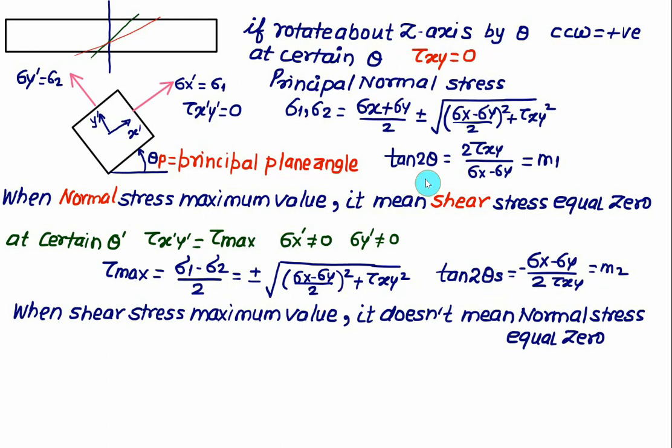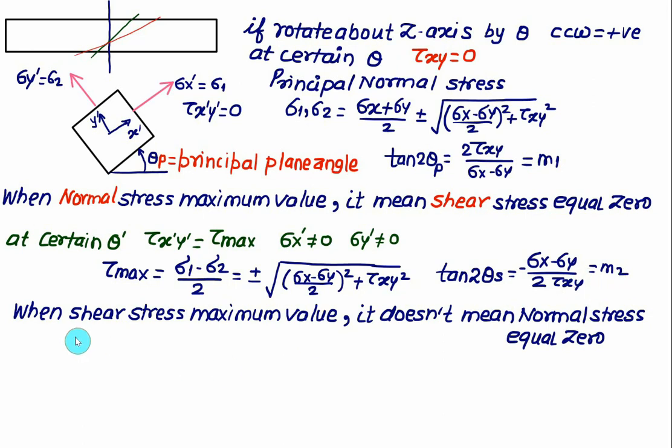It means that 2 times the principal plane angle, that is 2 theta p, and the plane of maximum shear, that is 2 theta s, are separated by an angle equal to 90 degrees. That is, we have m1 and m2, and the product will be equal to -1. Whenever the product of two slopes is -1, they are orthogonal to each other.